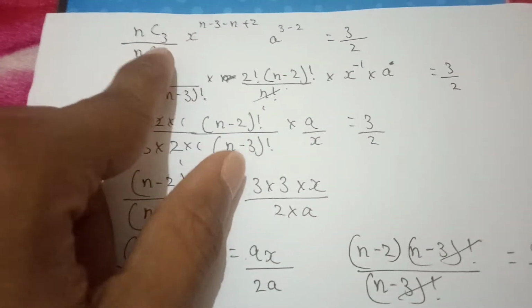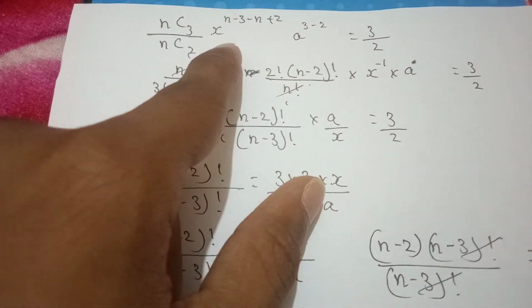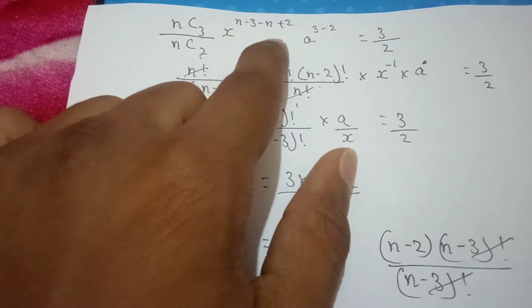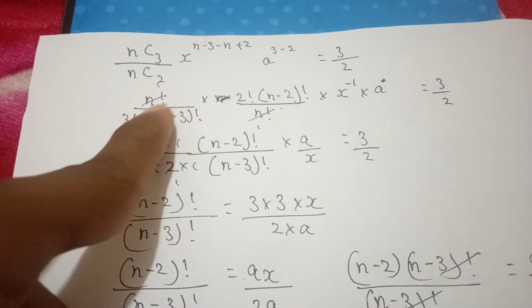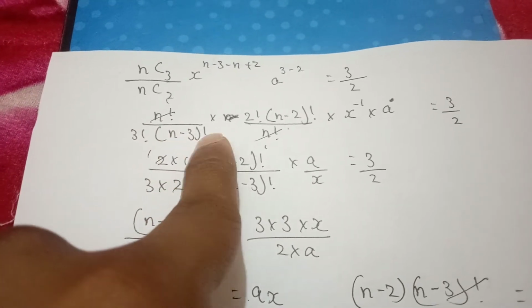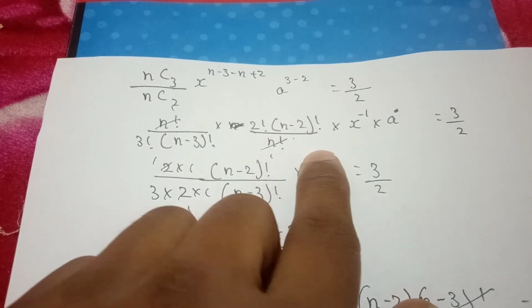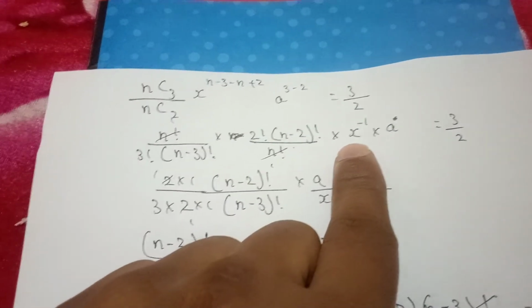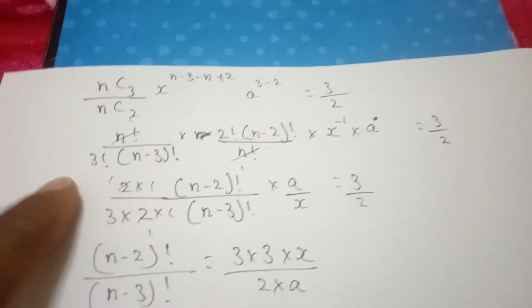Then nC3 divided by nC2 multiplied with x^(n-3) minus, after solving, you will get n factorial divided by 3 factorial of (n minus 3) factorial multiplied with 2 factorial of (n minus 2) factorial divided by n factorial multiplied with a by x, equal to 3 by 2.